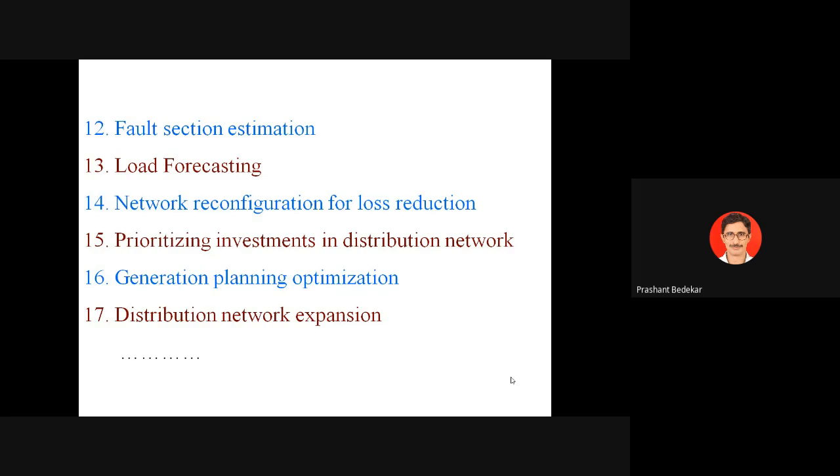So expansion of these three sections is going on continuously, and that is a continuous problem of study: generation expansion planning, transmission network expansion planning, and distribution network expansion planning. In all these we can apply optimization. This is a very small list, giving only 17 examples. You can quote hundreds of examples in power system engineering wherein optimization is applicable.